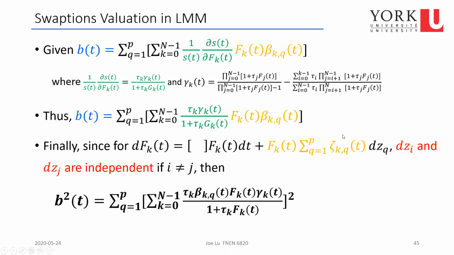But since the random factors are independent, the cross factors drop out. With the cross terms dropped out, your B square is just this relatively simple expression here.